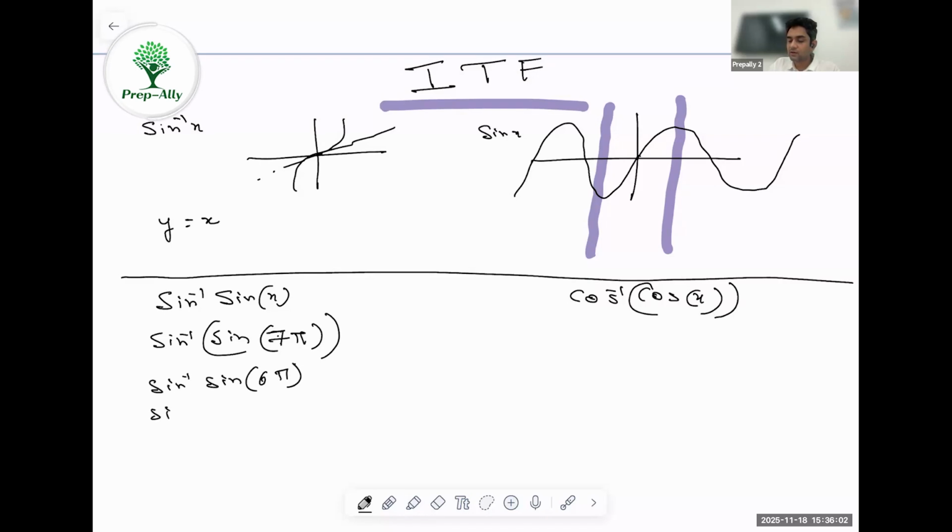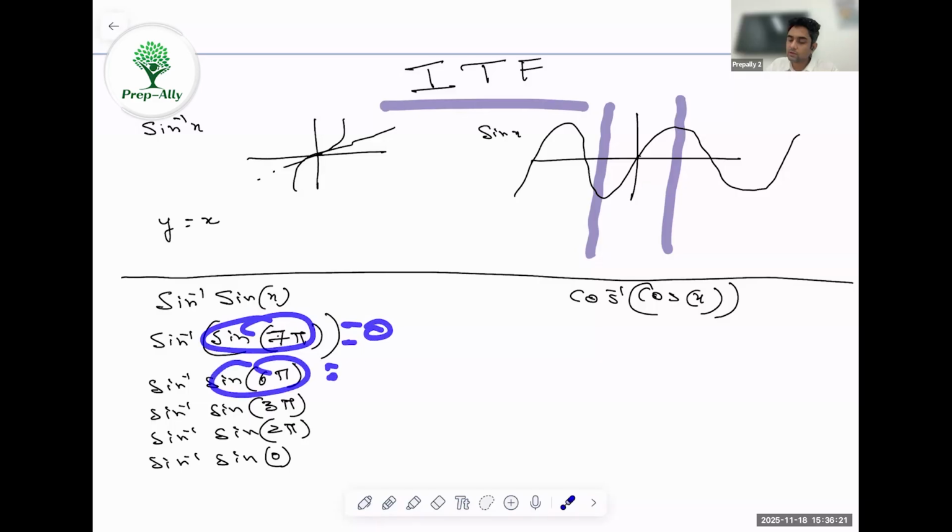I can also write it as sine inverse sine 3 pi, sine inverse of sine 2 pi, or sine inverse of sine 0. Why am I writing this? Because for the inner function sine, I know sine 7 pi is also 0, sine 6 pi is also 0, all of them are 0.